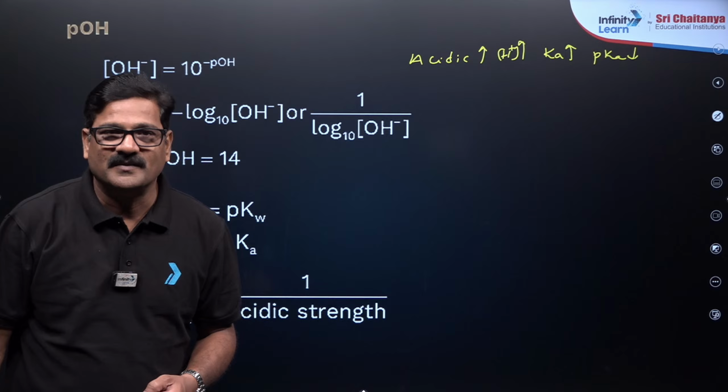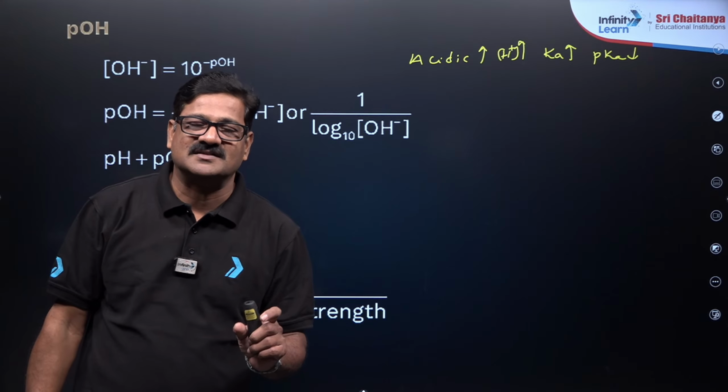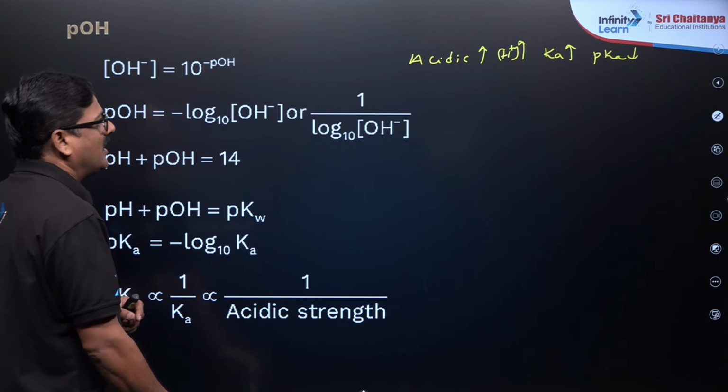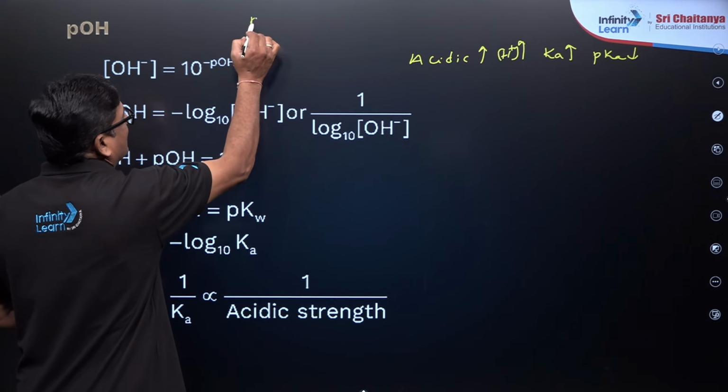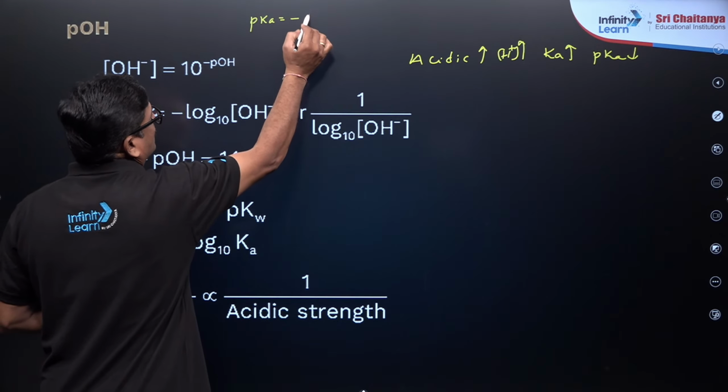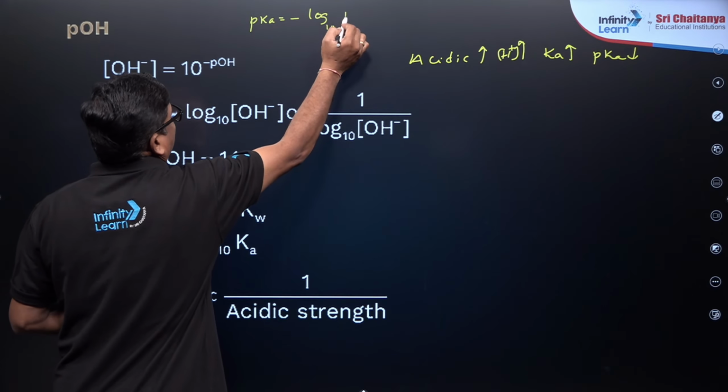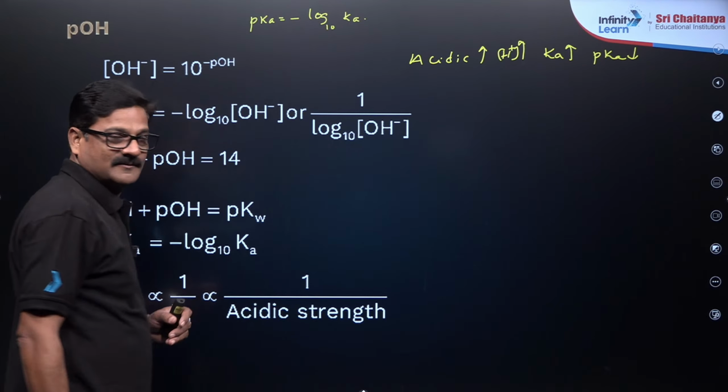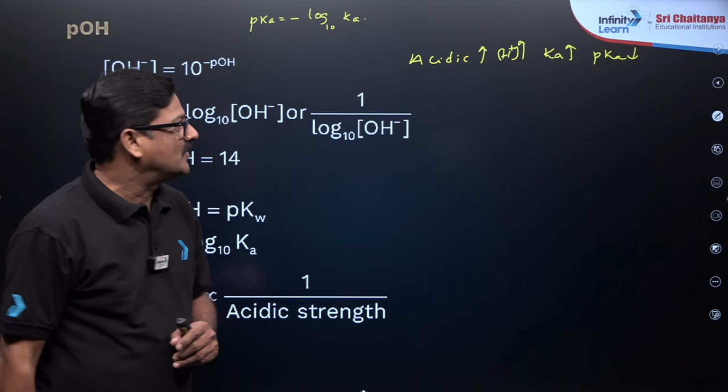The acid which has more acidic strength has a higher Ka value. And pKa is equal to negative logarithm to the base 10 of the acid dissociation constant, right?